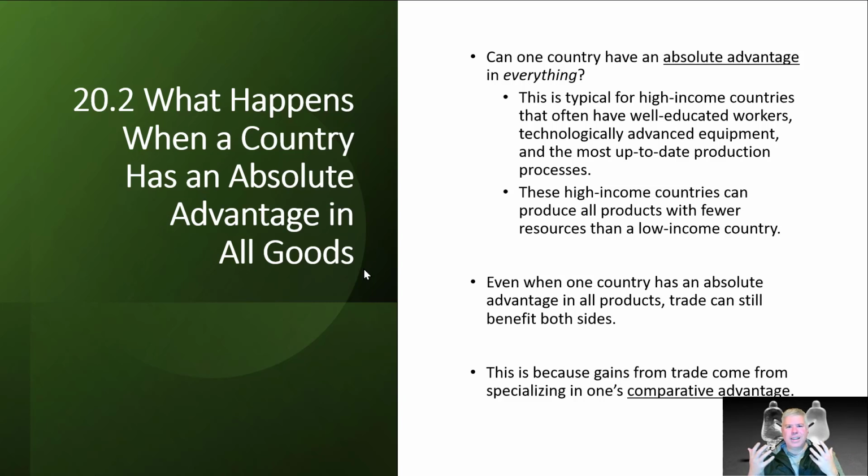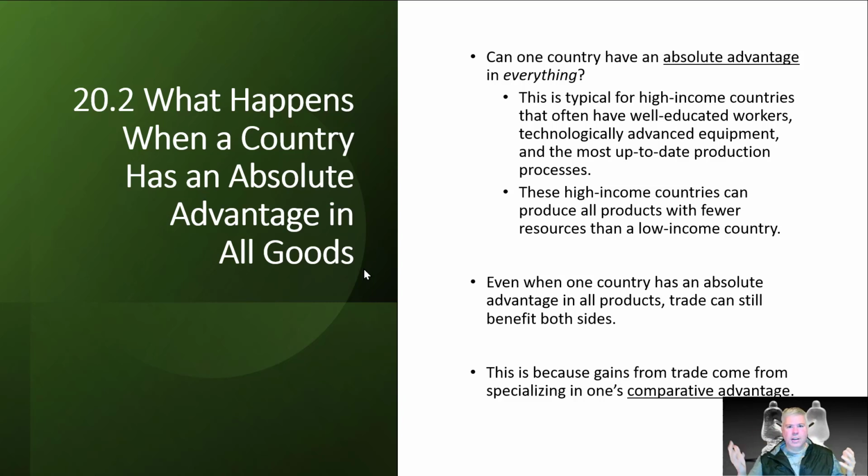it's a fairly typical question that needs to be asked for high income countries. I used the two examples of the United States and Canada, where you've got high technology, well-educated workers, up-to-date production processes, and significant natural resources. Those high-income countries can produce all products with fewer resources than a low-income country.